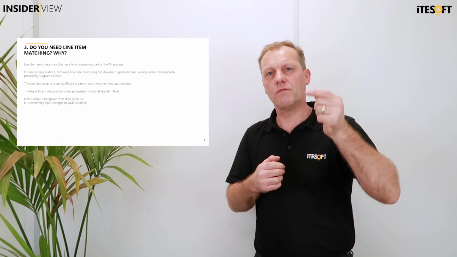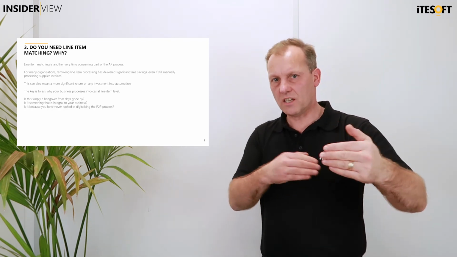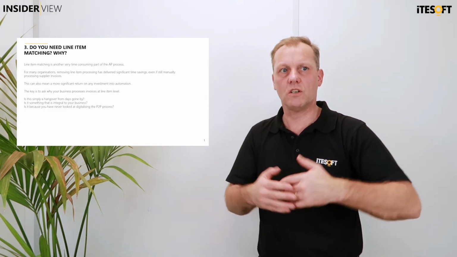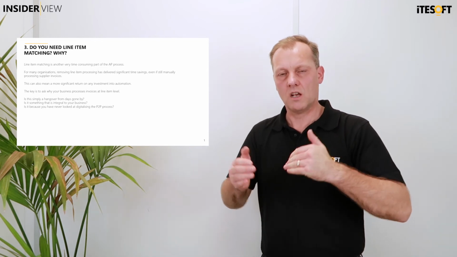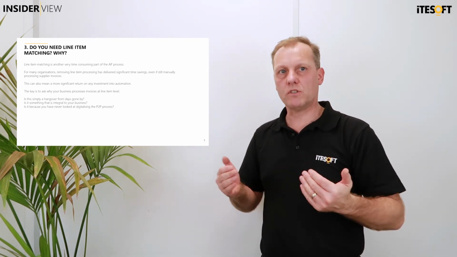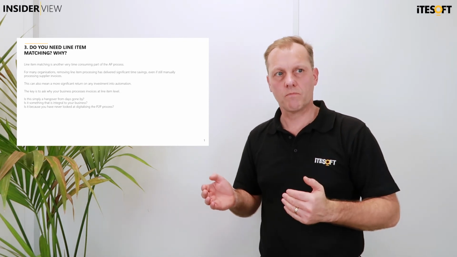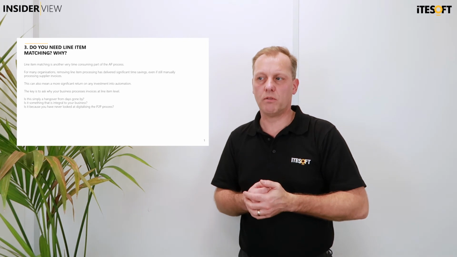So is it because you've never looked at digitalising the AP process and this is a perfect time for you to look at a way of changing and altering how you're dealing with the line items, because you're looking at automation and digitalising the AP and purchase to pay process? Is it because you've got line item matching in place?